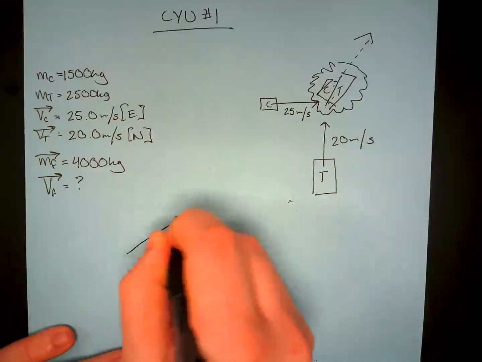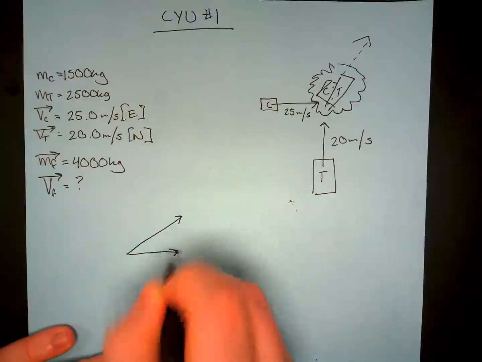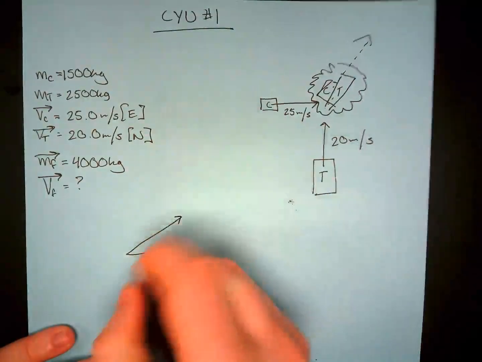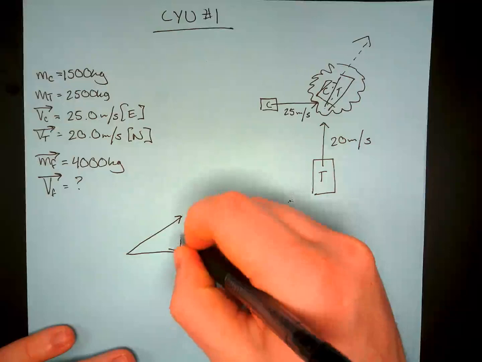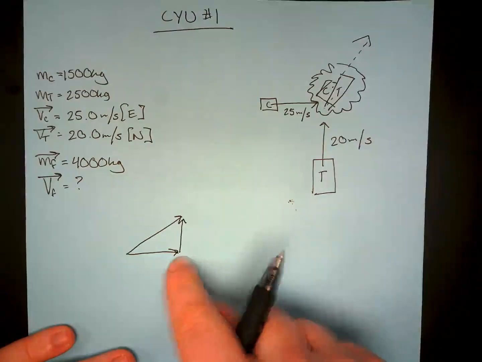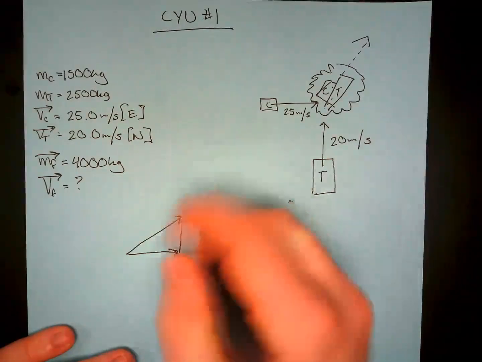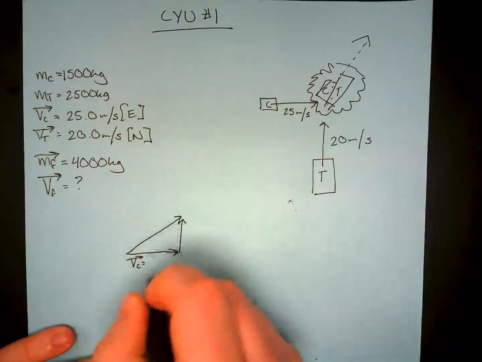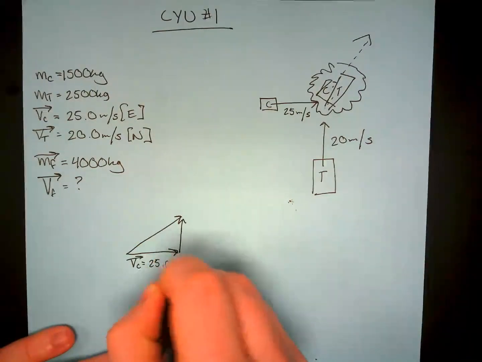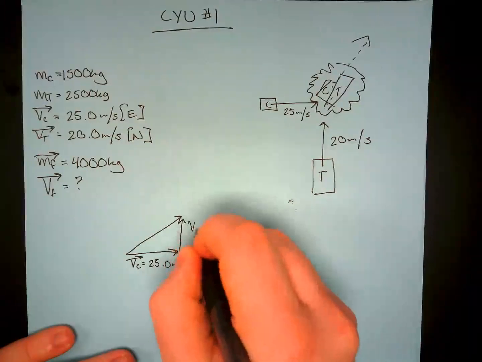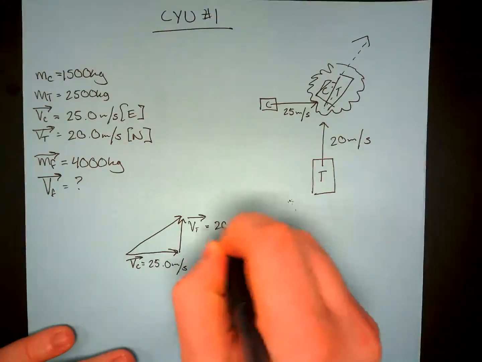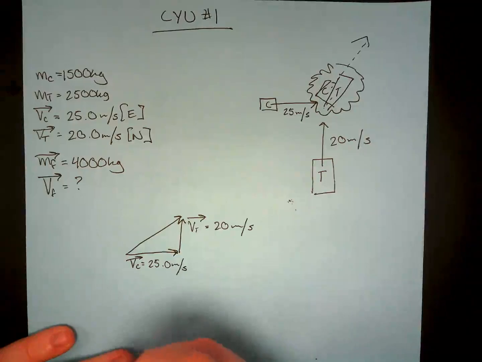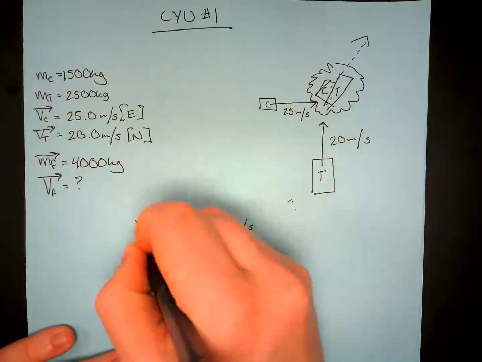Here's our hypotenuse, here's the motion of the car, and here's the motion of the truck. We'll write this accordingly, and we're trying to find this right here.